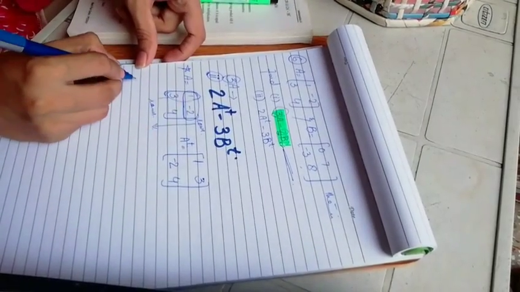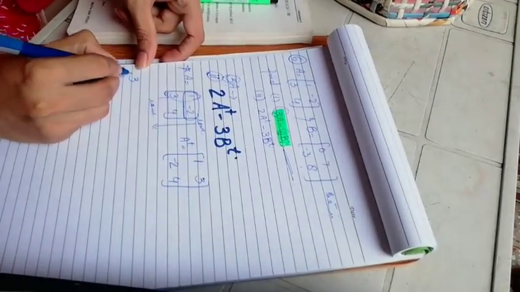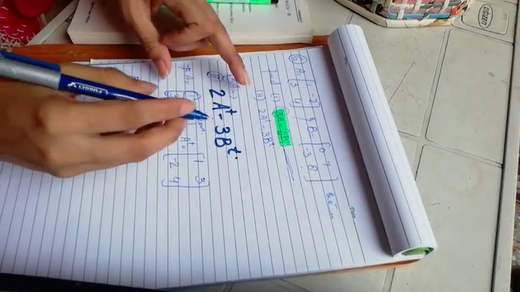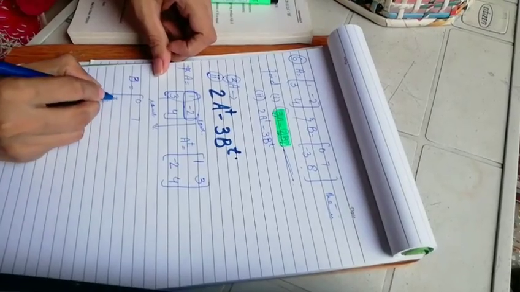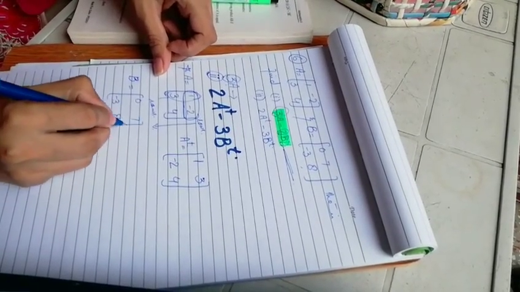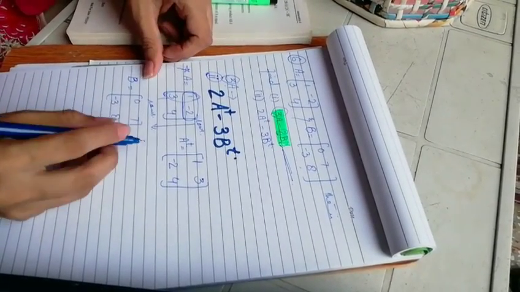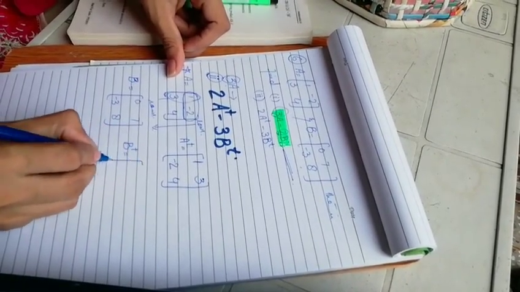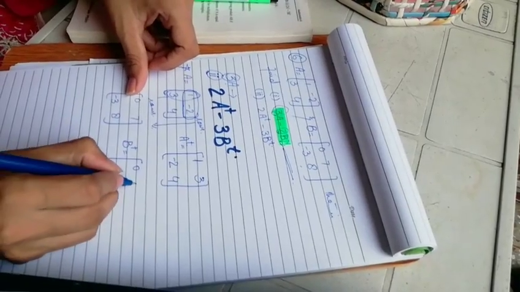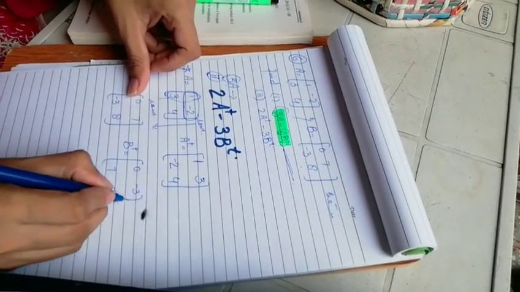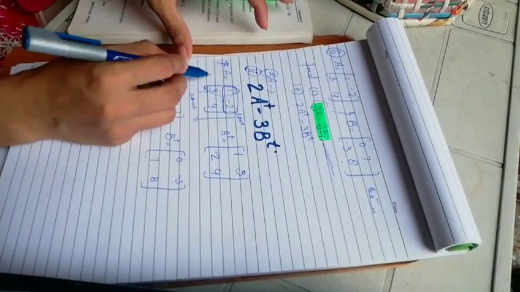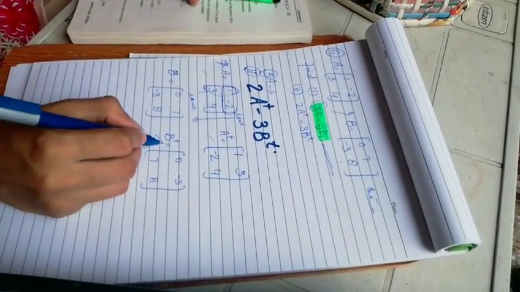Similarly, we get the transpose of B when B equals 0, 7, minus 3 and 8. When we take the transpose of B, it becomes 0, minus 3, 7 and 8. Okay students, now we have the values of A transpose and B transpose.